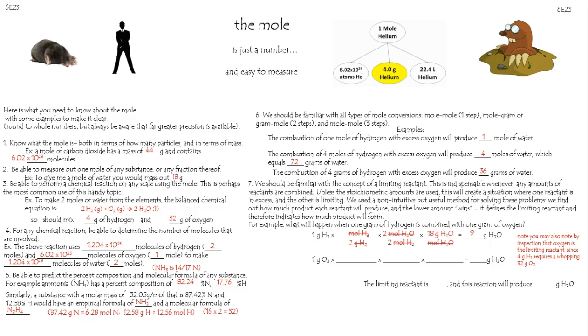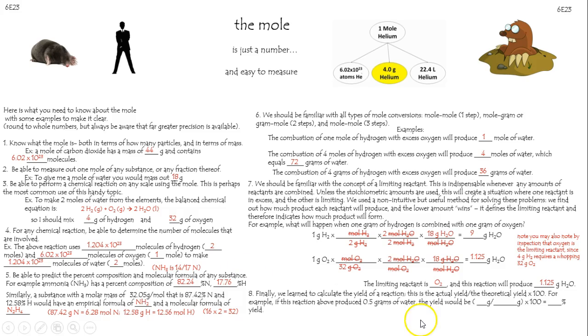We got enough hydrogen to make 9 grams of water, but we don't have enough oxygen. 32 grams is a mole. Every time I react a mole of oxygen, it will make 2 moles of water with the same mass, 18 grams, and the reaction stops after 1 1/8 grams of water. That's the one you circle. Oxygen is your limiting reactant.